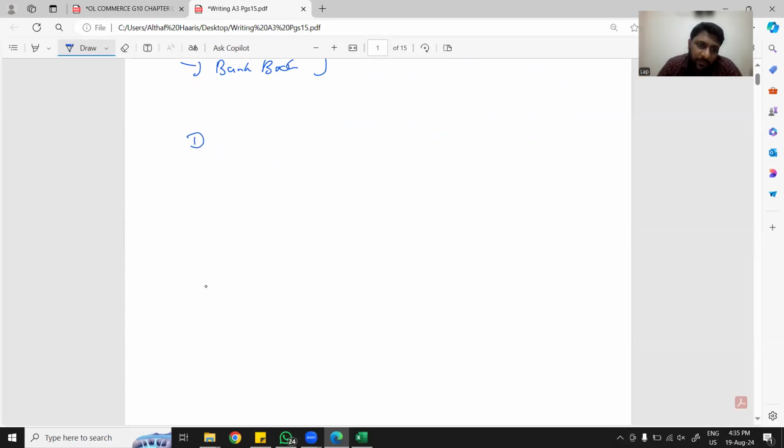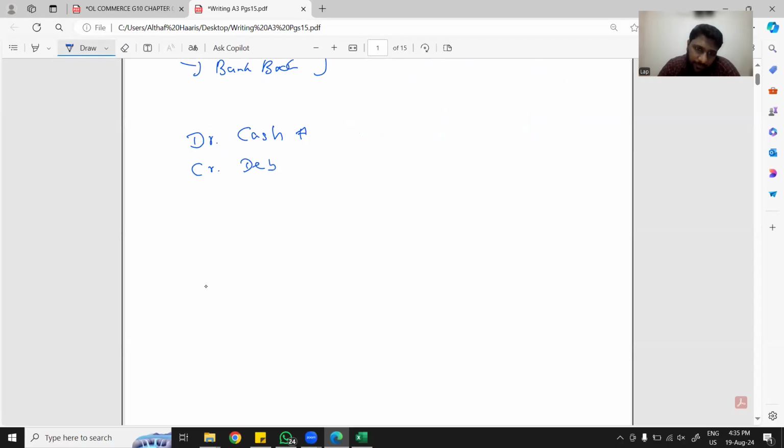First, we debited the cash account. That means we increased the cash account. Debited means we increased the cash account, and we credited the debtor account. We decreased it. So this check we went and deposited in the bank.